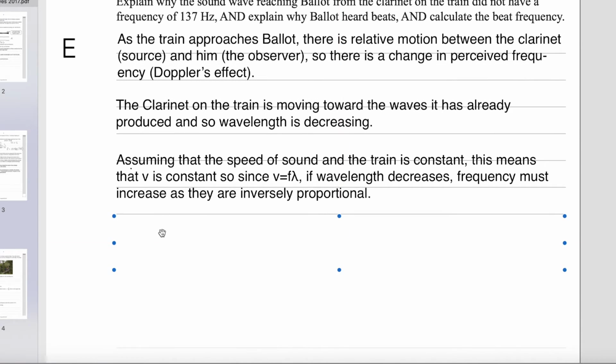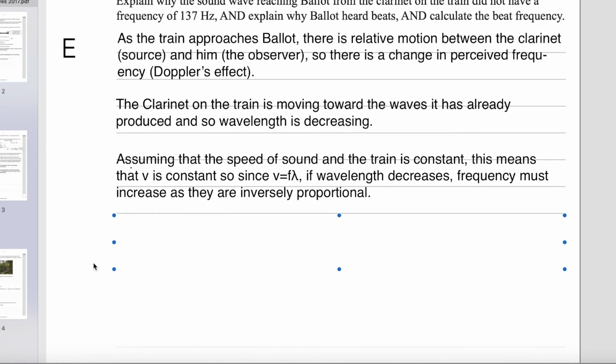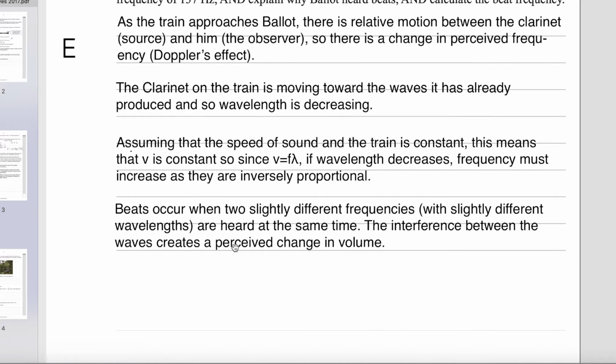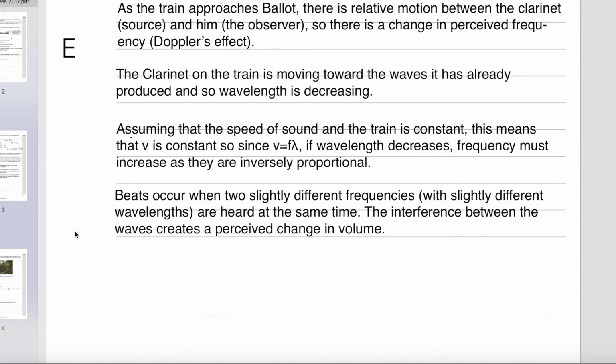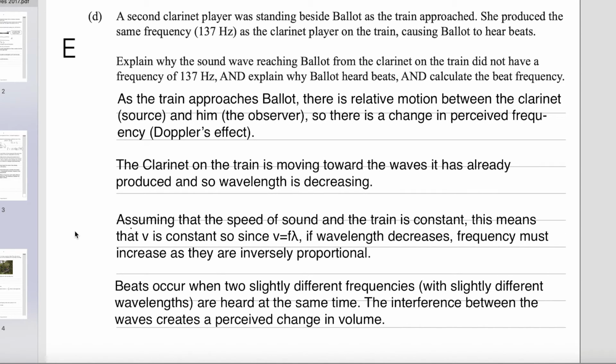Next up, we're talking about beats. Explain why Ballot heard beats. So just want to start off with the definition of beats. Beats occur when 2 slightly different frequencies, so obviously slightly different wavelengths, are heard at the same time. The interference between the waves creates a perceived change in volume and or pitch, I suppose. So to explain the louds and the softs of beats, we can probably use an explanation.